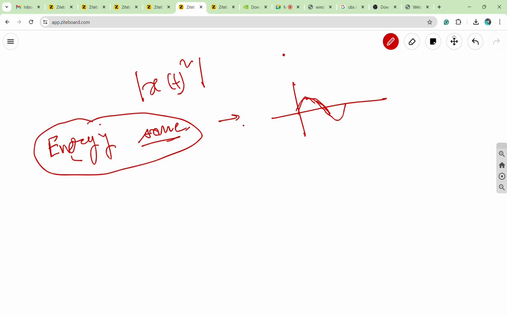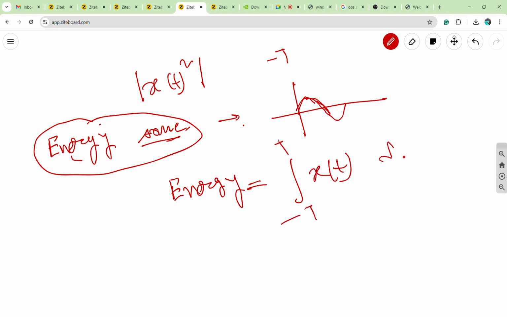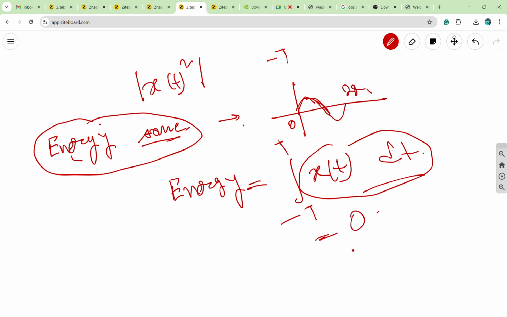Basically, if you just integrate over minus t to t, suppose we had taken just x of t, we could have taken it like this, right? Yes, sir. But if I take this particular format and do the integration from 0 to 2 pi, what will it come? It will come 0, because this area will cancel out this area, right? Yes, sir. That's why they take the mod square term here.